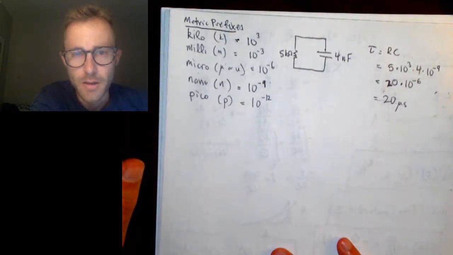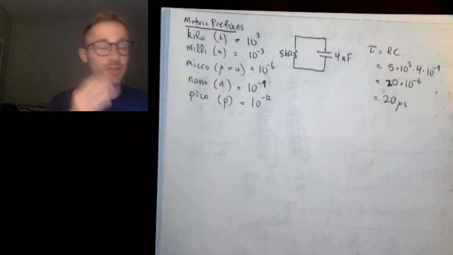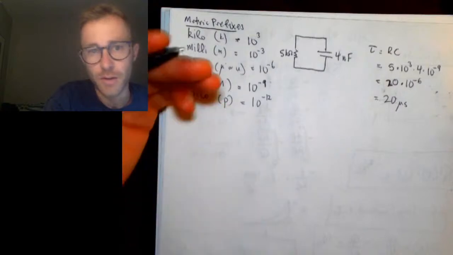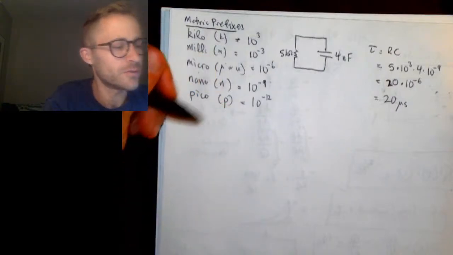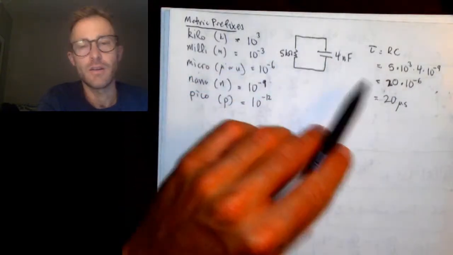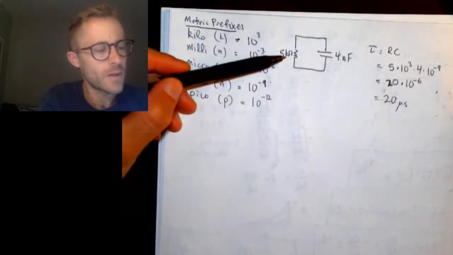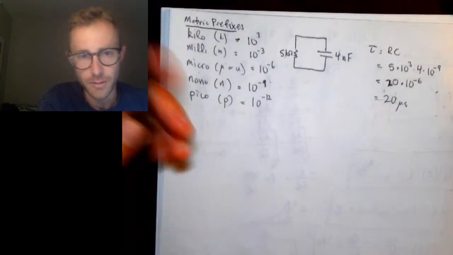You need to know how to convert between these different metric prefixes. If you have a kilo times a nano, that's going to give you a micro. Similarly, a kilo times a pico would be 10 to the third times 10 to the minus 12, which is 10 to the minus 9. So that would be a nano.